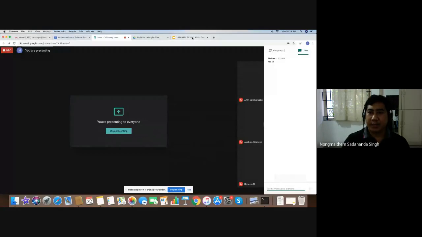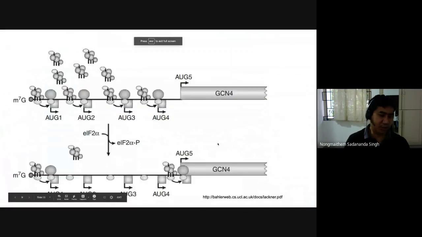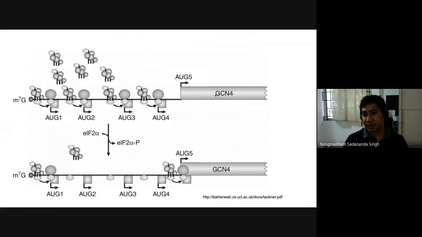Okay, and the next one we were talking about was this one. Like we talked earlier during the gene regulation for GCN4, many times translation is regulated by the presence of multiple short open reading frames.